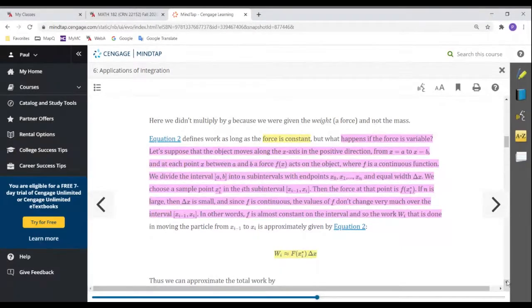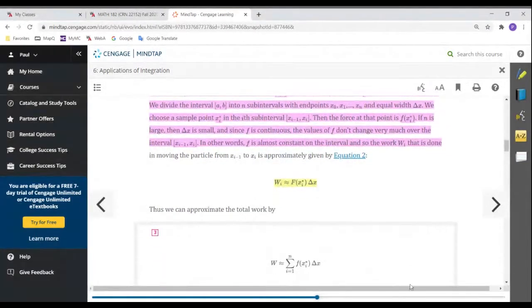But then you can approximate the total work by just adding up the separate little pieces of work along each subinterval. And of course, if you let n go to infinity, you're taking smaller and smaller intervals. The force over that interval, even though it varies, is approximately constant if the interval is very small.